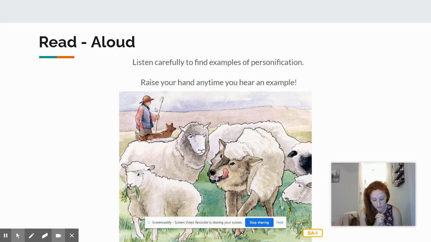The shepherd, thinking that the wolf was one of his sheep, allowed the wolf to graze on the lush grass in the pasture, or field, and even let him sleep in the warm barn with the sheep.